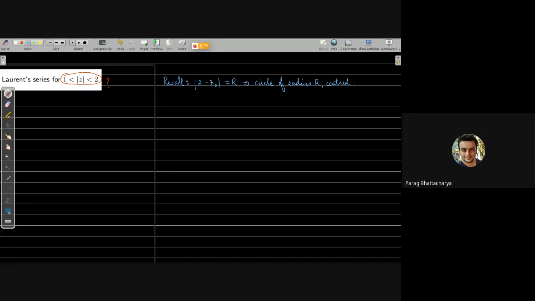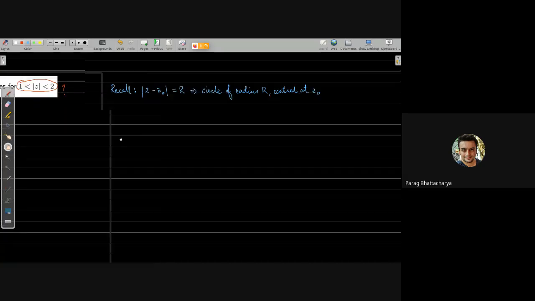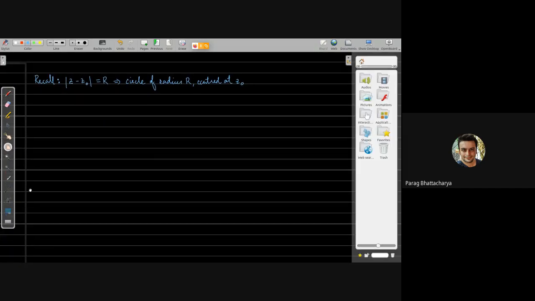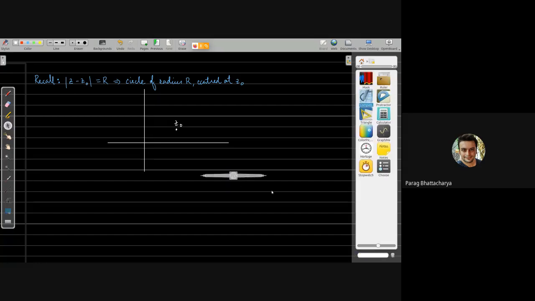So let me just draw this. Let's say this is a complex plane, and this is z naught. So what is modulus z minus z naught equal to r? It is basically a circle of radius r which is centered at z naught.